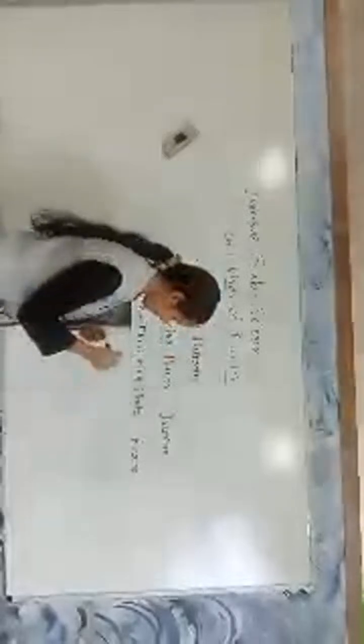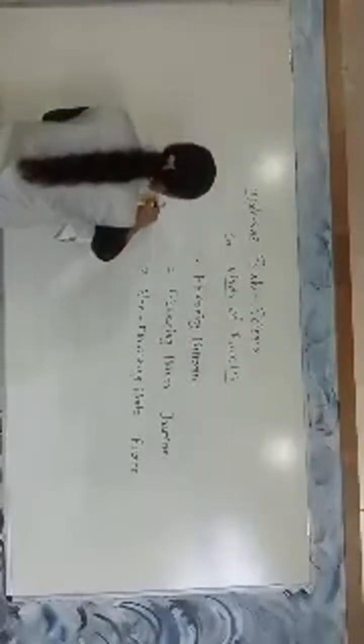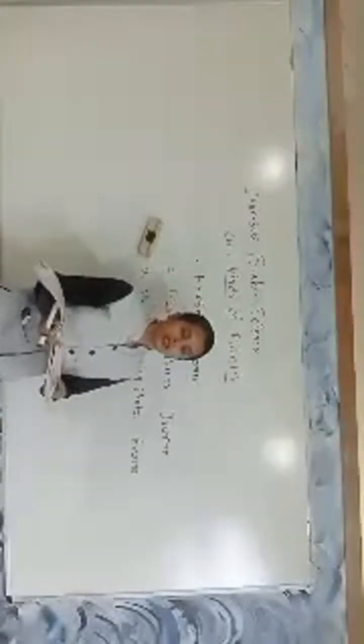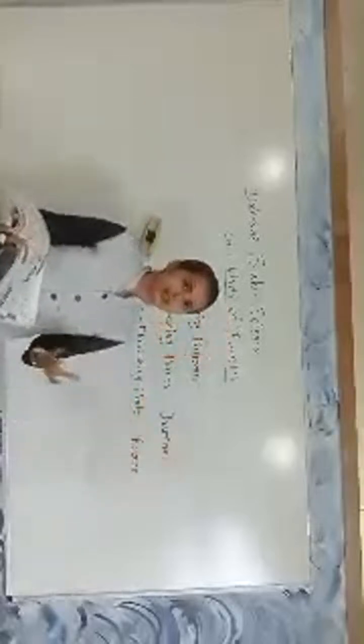Example is ferns. This plant or tree cannot give flowers. Some flowering plants, some plants can give flowers throughout the year, and some plants give flowers only in a particular season. So flowering plants, jasmine gives flowers throughout the year.